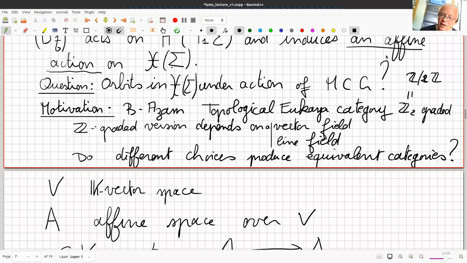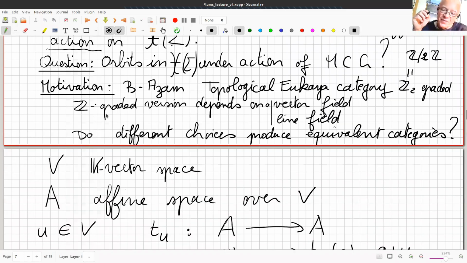But when you take a stronger construction, it will involve objects which are graded by all integers. And in this case, you need to make a choice for fixing this Z grading, which is this notion of vector field or line field. I will not develop this.